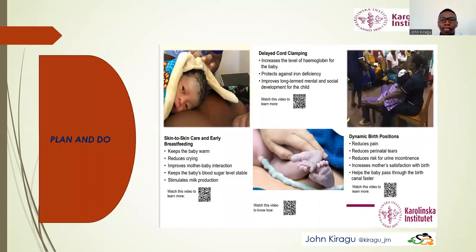The 3 techniques that were introduced at week 2 were skin-to-skin care, delayed cord clamping, and dynamic birth positions.